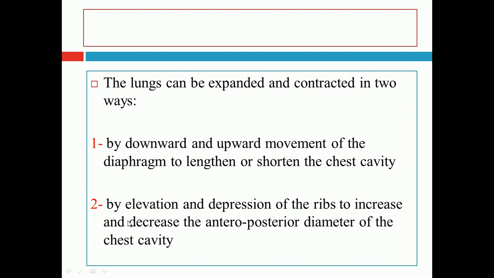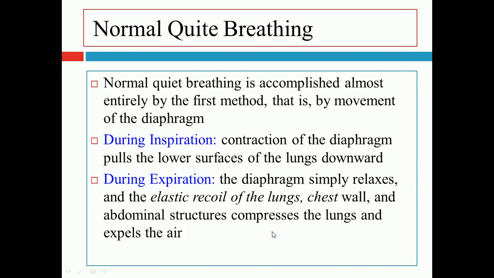Number two, by elevation and depression of the ribs to increase and decrease the anterior-posterior diameter of the chest cavity. If we were in a class, I would practically demonstrate this position to you, but you can still do that. You can stand sideways in front of your mirror and breathe in and breathe out. Anterior-posterior, like backside and sidewise, there will be an increased diameter.